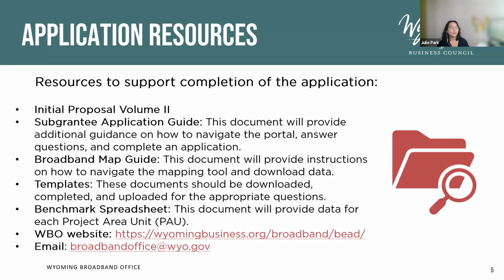This will provide instructions on the mapping tool itself and how to download data and just navigating the tool overall. This has not been published just yet to the WBO website. It's being finalized along with the tool, but it will provide a comprehensive overview on how you should navigate the mapping tool.